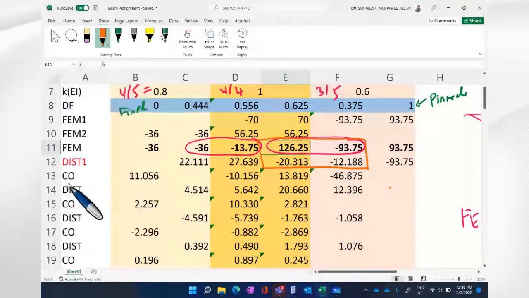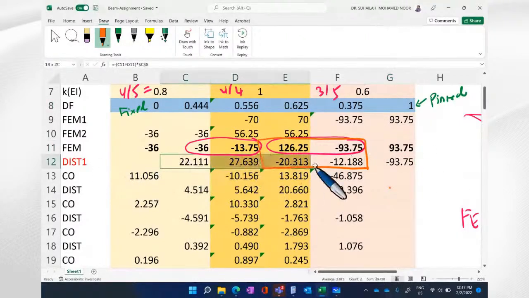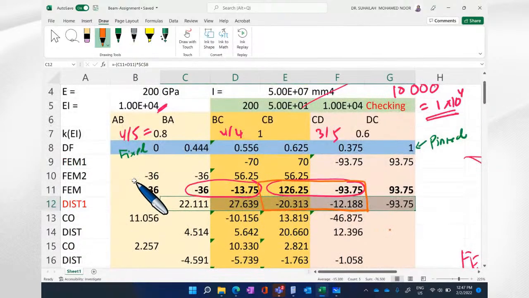Okay, after the distribution, what we need to do for the last value, 93.75, it is actually negative for the joint moment times 1. So we get negative. This value under distribution number 1, we have to carry over. Don't forget the carry-over factor.